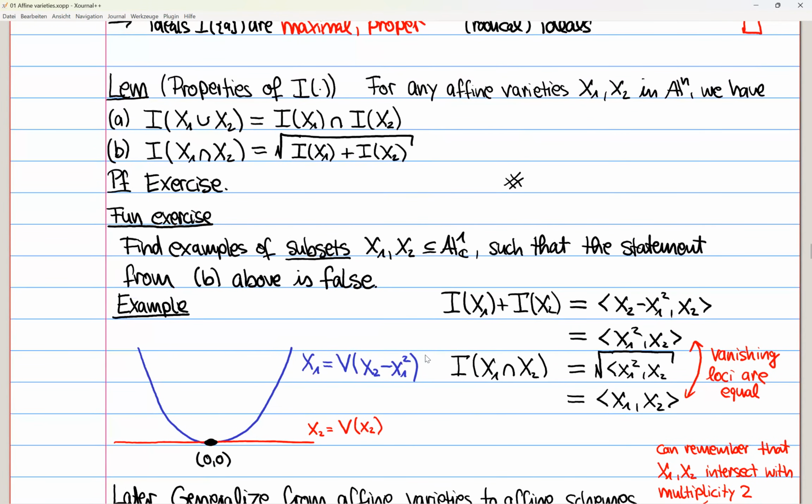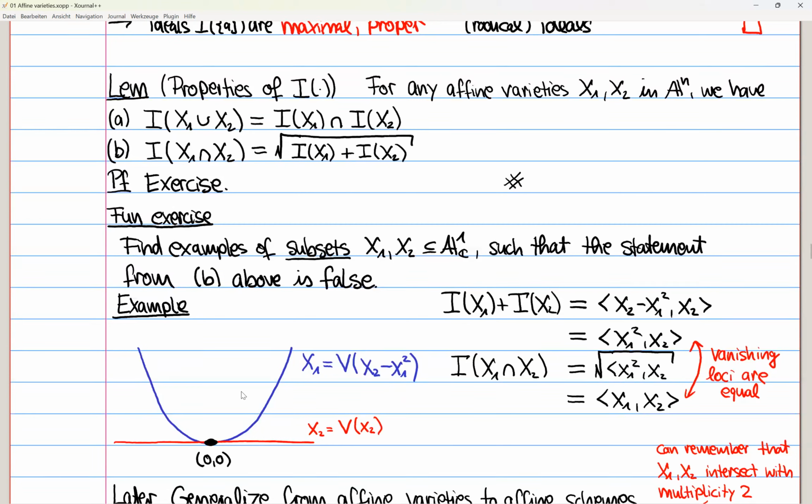Okay. And to see that this square root is really necessary, we can look at a short example here. So inside A^2, take two affine varieties, namely x1 is the vanishing locus of x2 minus x1 squared. So if x2 is y and x1 is x, then this is y minus x squared.